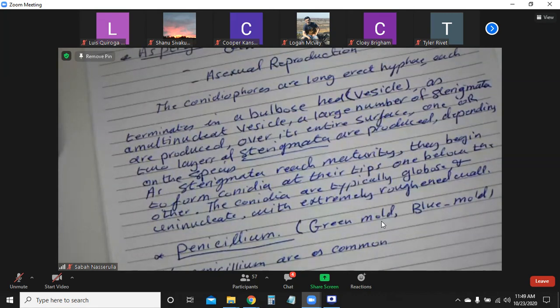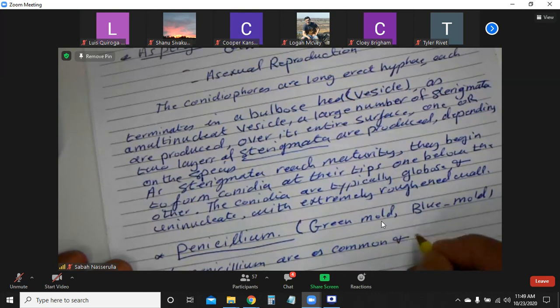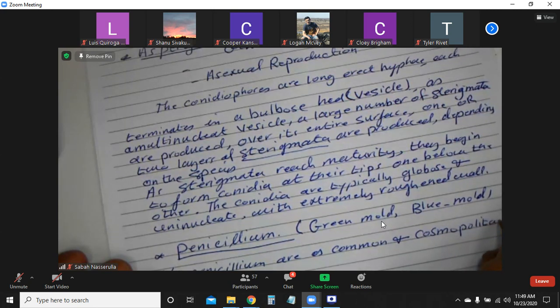That's what we call cosmopolitan, as the Aspergillus.